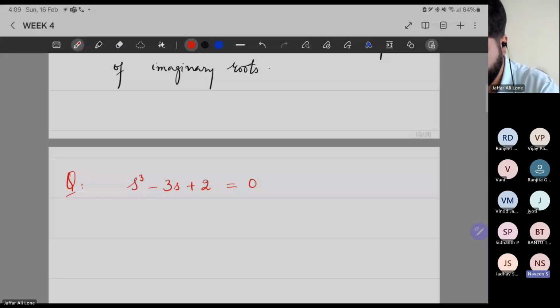Unstable, sir. Stable or unstable? Unstable, sir. How many sign changes? Two. Great. There are two sign changes.